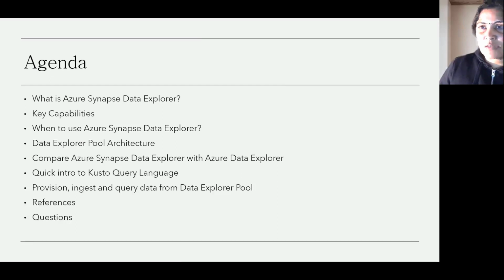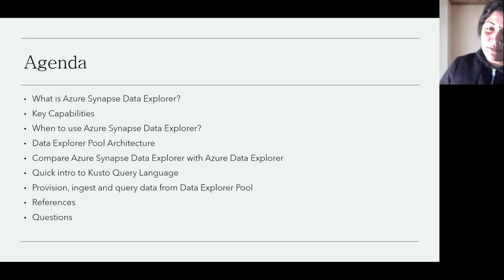And what does the Data Explorer pool architecture look like? Why do we need to use it, and how is this architecture going to help in scenarios where it can be used? As I said, you would have been familiar with the term Data Explorer before, because it is not a new term in Azure.